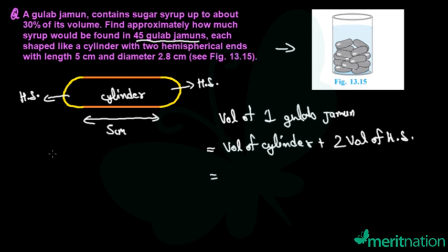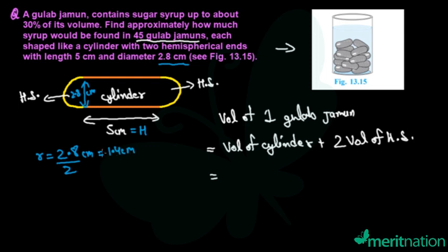For the cylinder, we can consider the height h as 5 centimeters. The diameter is equal to 2.8 centimeters, which is equal for both the hemisphere and the cylinder. So radius for both of them would be equal to diameter by 2, so 2.8 centimeters by 2, which is equal to 1.4 centimeters.